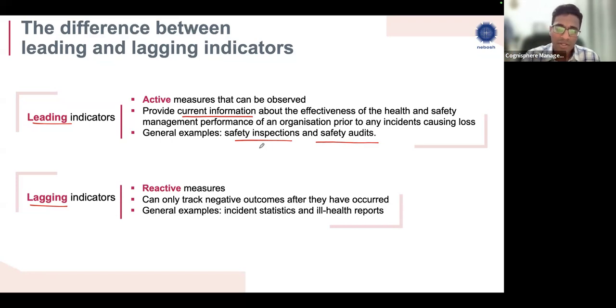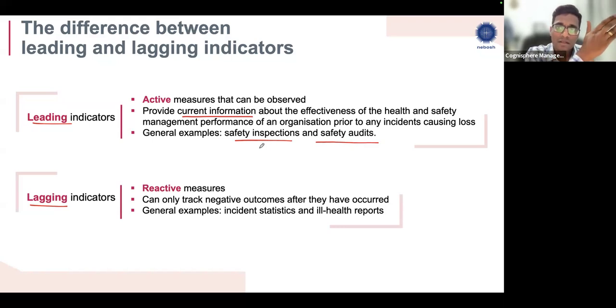I repeat: from your inspection findings, you do an analysis and find that for the last 3 or 6 months, the number of non-compliances you recorded as part of your inspection has gradually reduced.